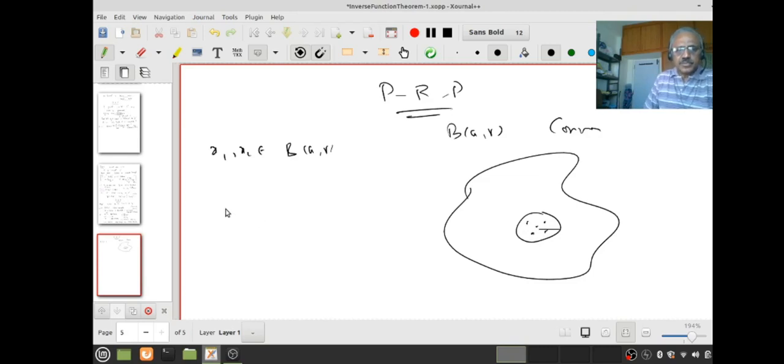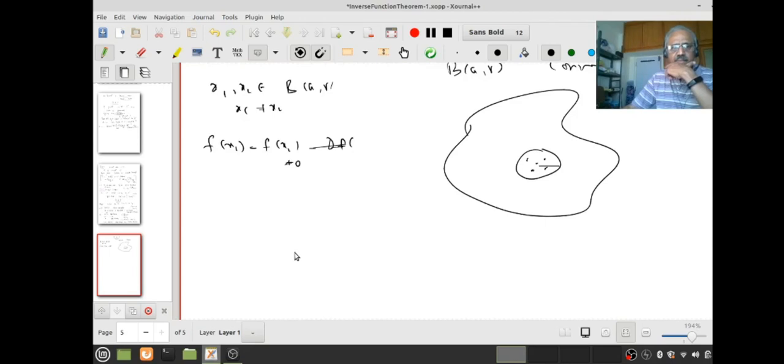I want to say f(x1) is not equal to f(x2), x1 not equal to x2 of course. Now, what is one result which tells me how to compare f(x1) and f(x2)? Mean value theorem. f(x1) minus f(x2), I know df of... Okay, I want to say this is not equal to 0, right?